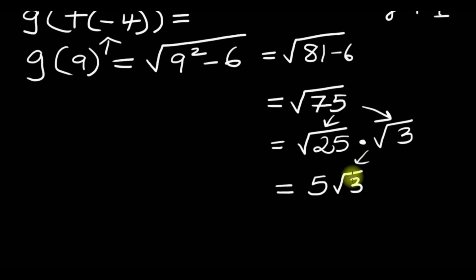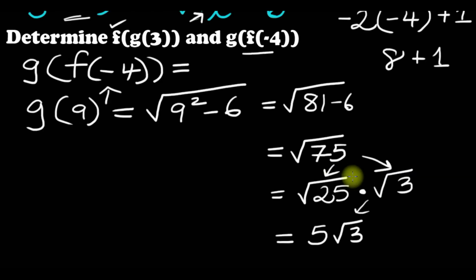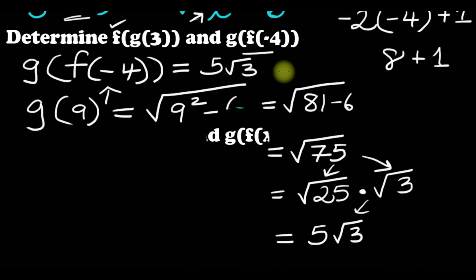So g of f of negative 4 is 5 square root of 3. I hope that is helpful for how to determine composition of functions.